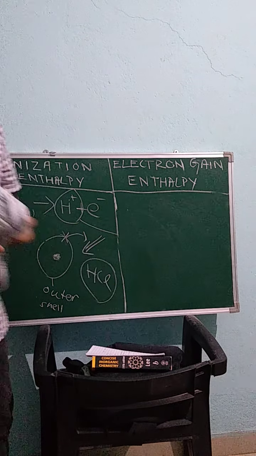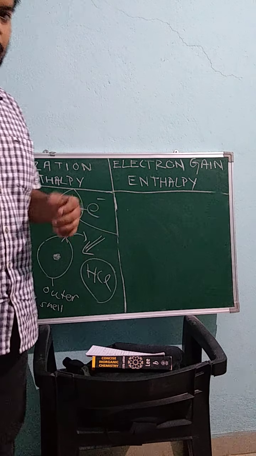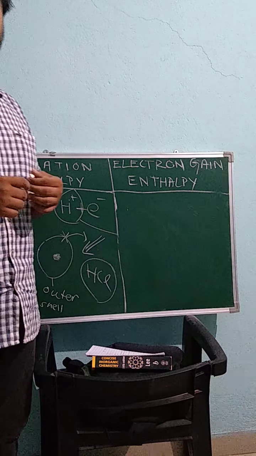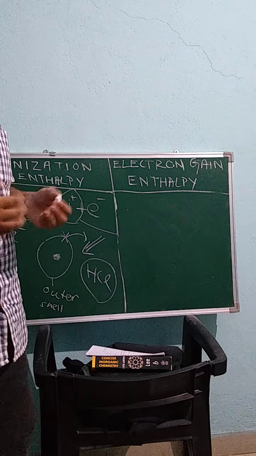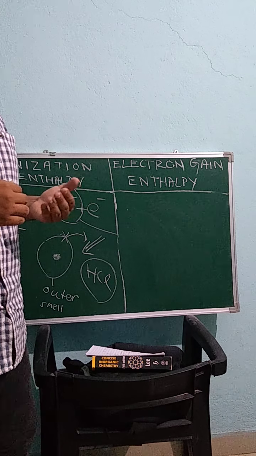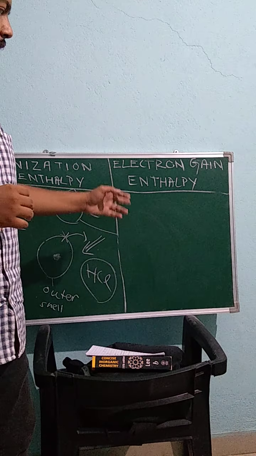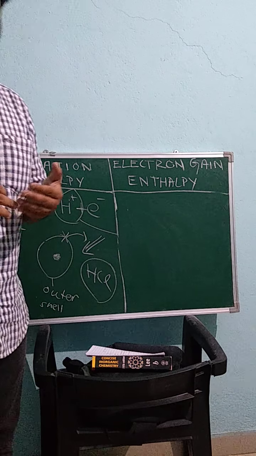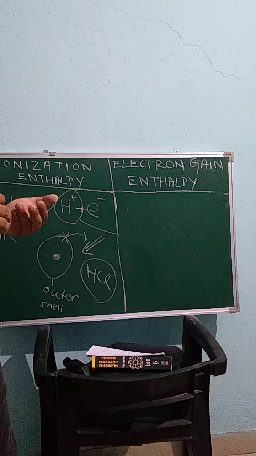Hello students. So in the last example I have told you about the electron gain enthalpy of chlorine atom, where if we are giving one electron to the chlorine atom, it is releasing energy, means chlorine atom is getting more stable. So that is an exothermic process. As I have told you earlier, electron gain enthalpy can be an exothermic process or can be an endothermic process.